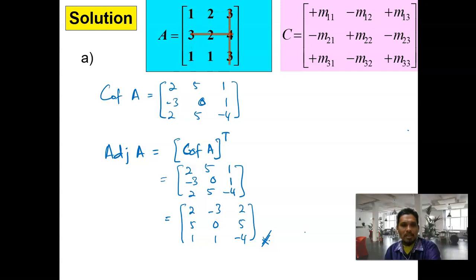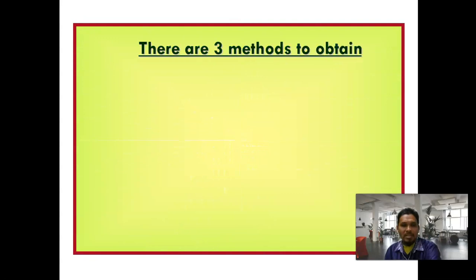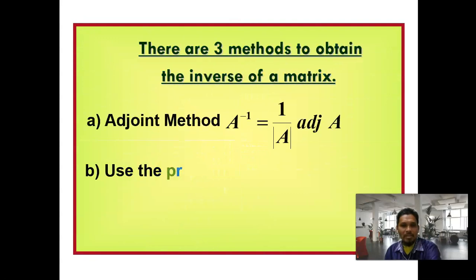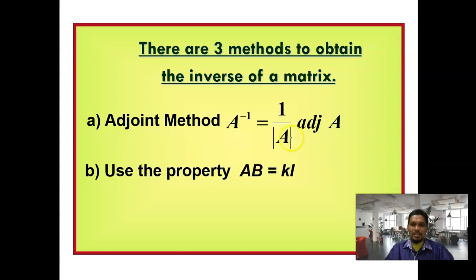The process that I hiding all the elements just now. There are three methods to obtain the inverse of a matrix: adjoint. So class, determinant, we have learned it before, how to find a determinant.